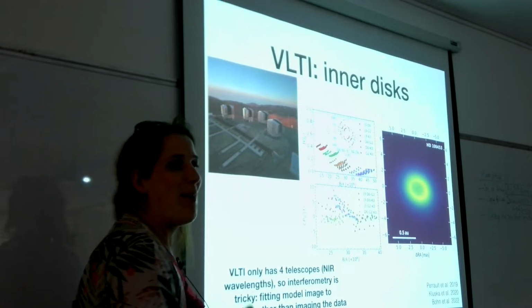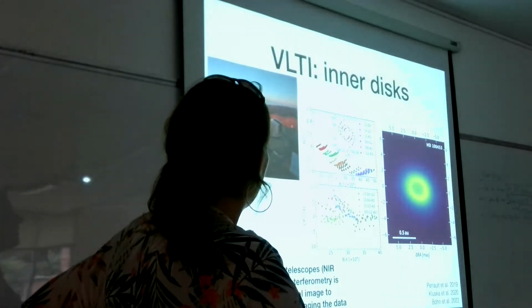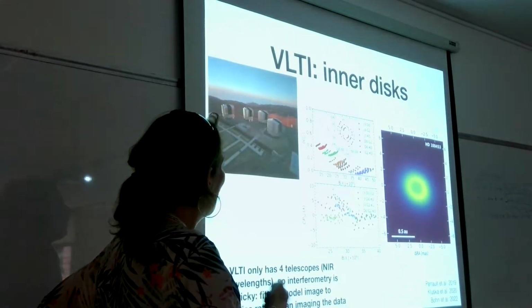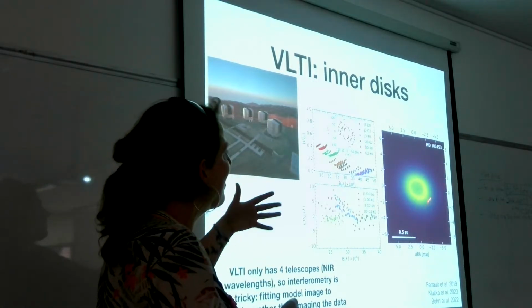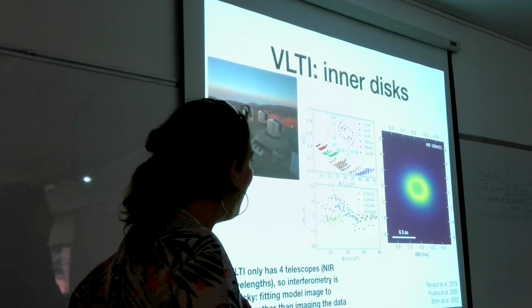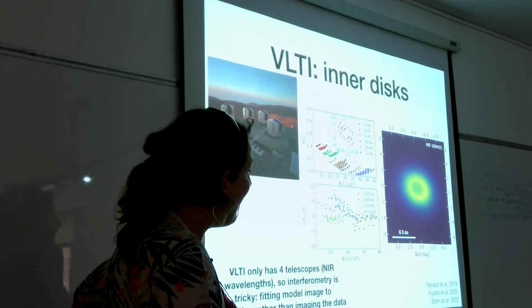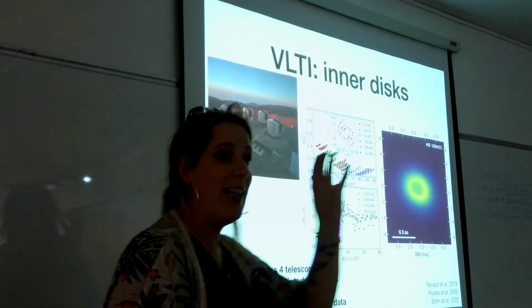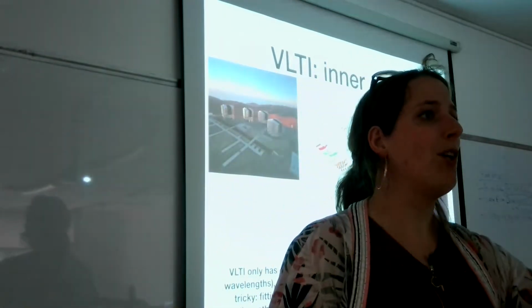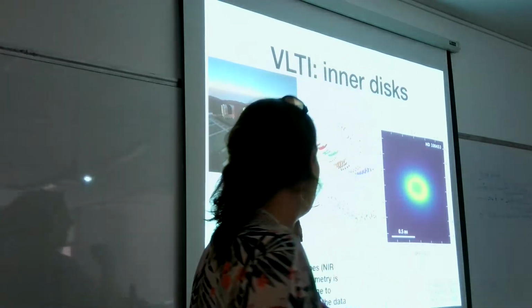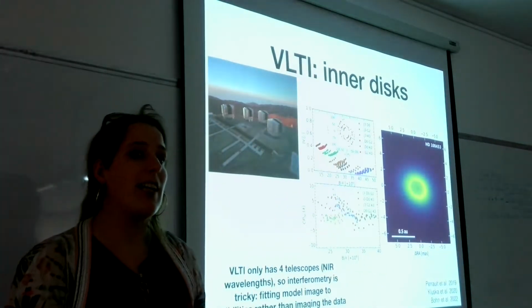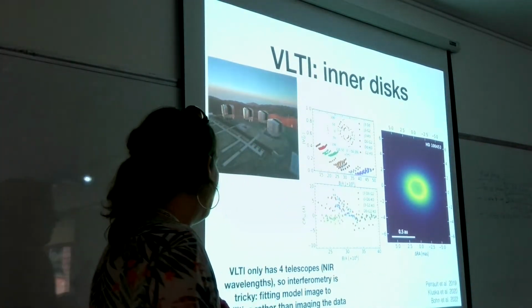Obviously, they're not as well sampled as all my data, but this is a visibility signal. Visibility is a function of baseline, which you can interpret as a dust ring at, look at the scale here, milli-arc-second scale. So this is really like 0.5 AU from the host star. There is a dusty ring. And it's actually possible to derive the orientation of that ring really well.